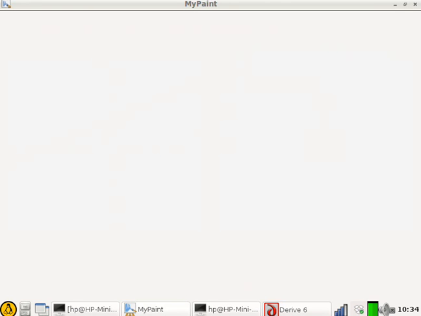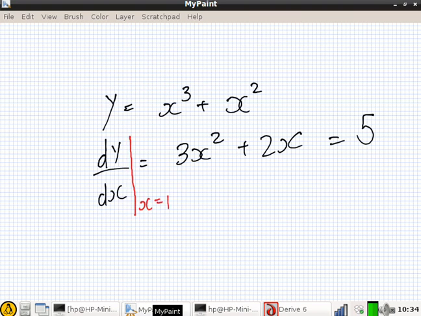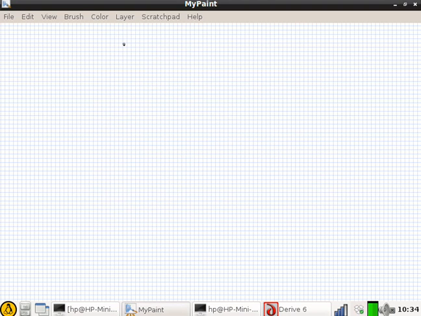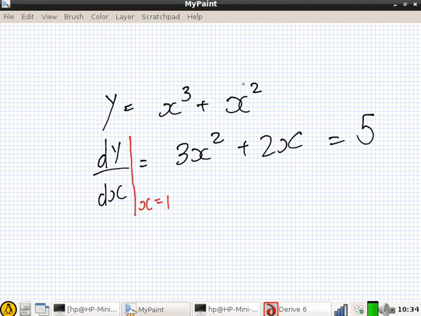I didn't actually say it, I just did it, but I'll make it explicit here: if you have one function plus another function and you want the derivative, then you use the tables on the first one plus the tables on the second one. Well, that's what I did here. I just looked in the tables for here and here.